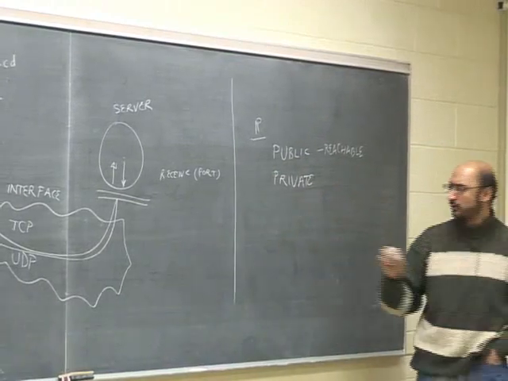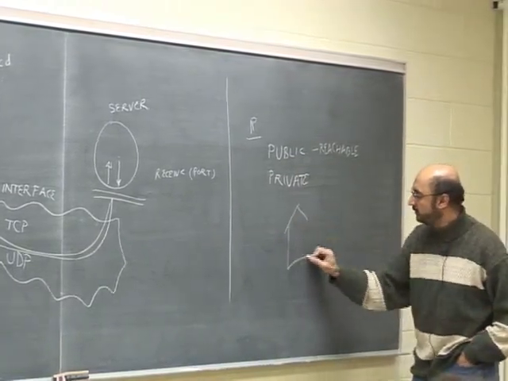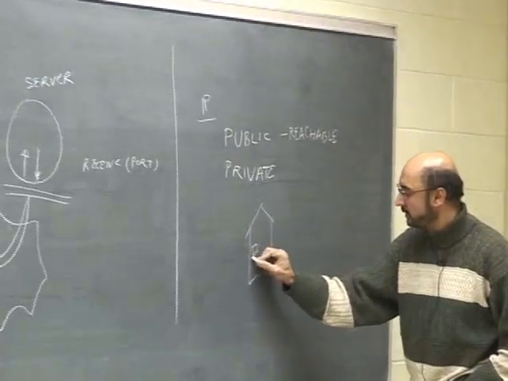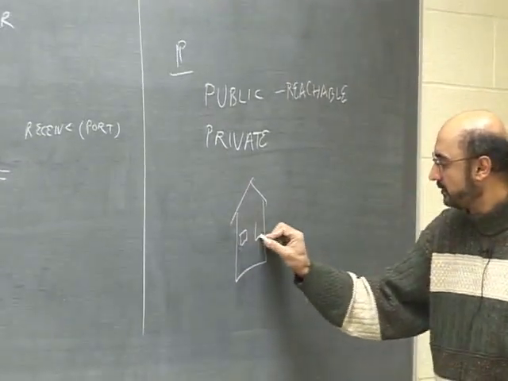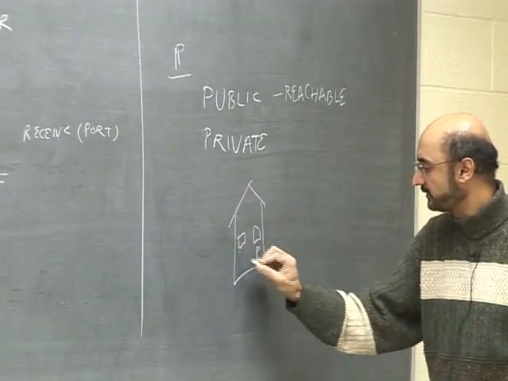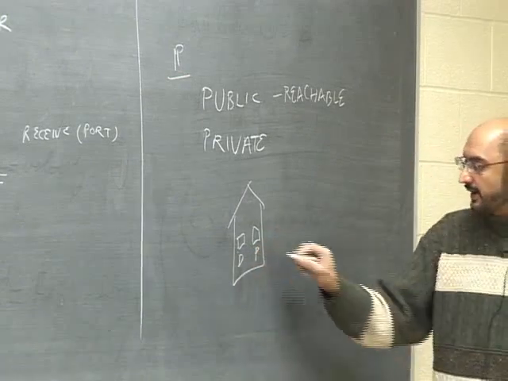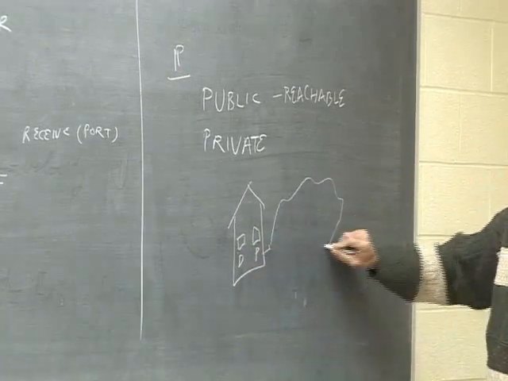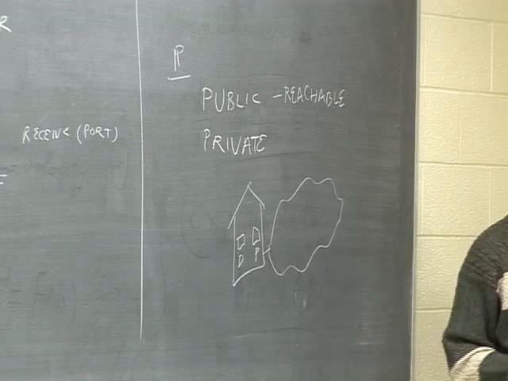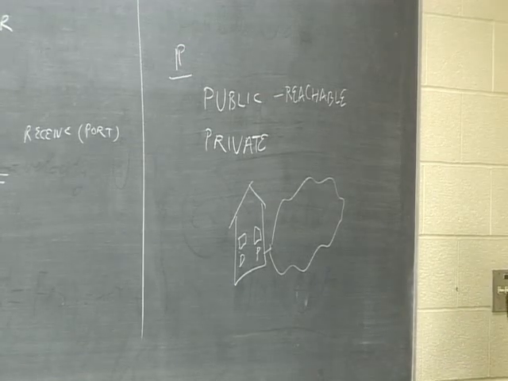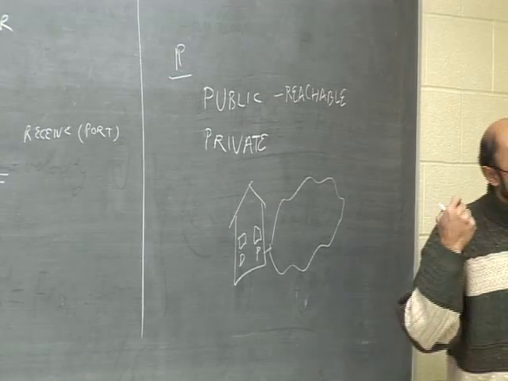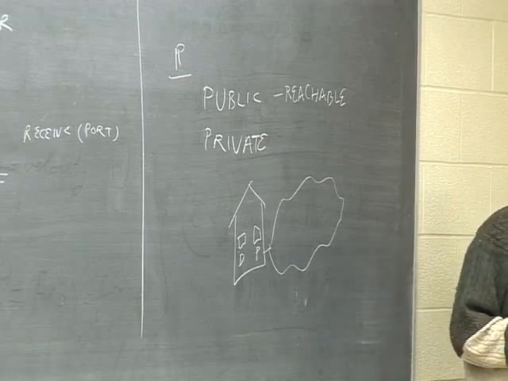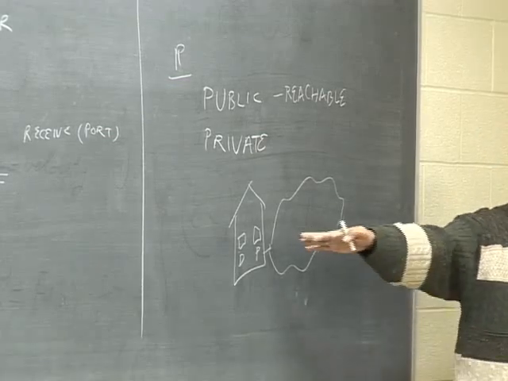So let's say you have a home, and in this home you have a desktop computer and a printer. And then you have some internet connection through some ISP over here. Now, that printer is not going to be used by anybody but this desktop computer.